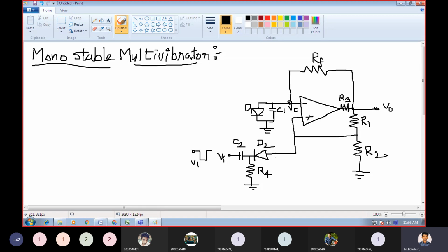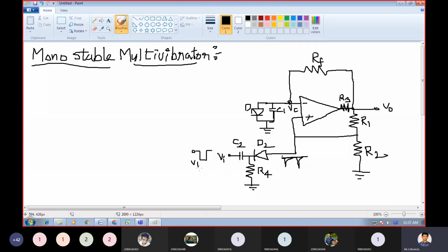The differentiator produces a negative going triggering pulse, which means that this will be generating like this, a negative going triggering pulse.